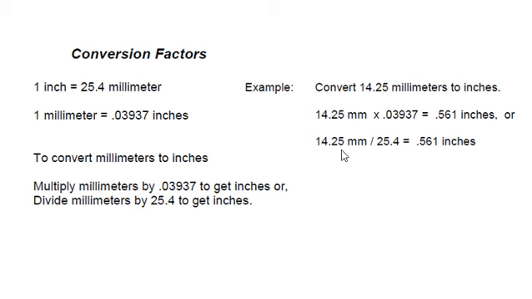So to convert millimeters to inches, you multiply the millimeters with this, or you divide millimeters by 25.4. We usually go with the second one: divide the millimeters by 25.4, because when you want to change from inches to millimeters, we multiply. So pay attention when you study this.